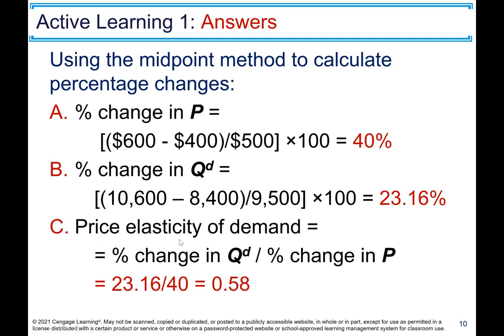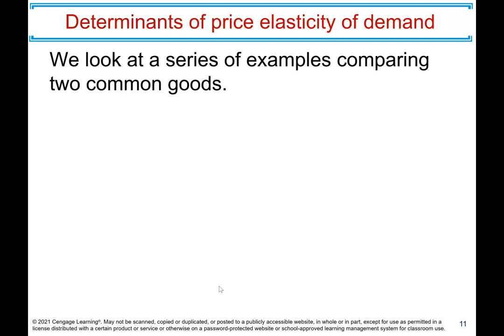Number C. Calculate price elasticity of demand, which is the percentage change in quantity demanded divided by the percentage change in price, and that is 23.16% divided by 40%, which is 0.58.